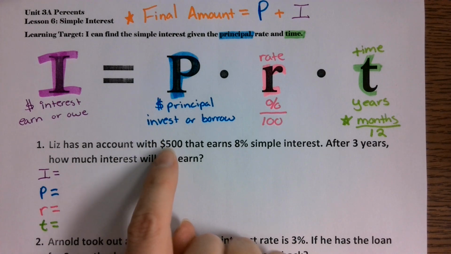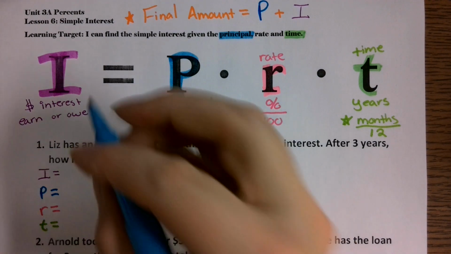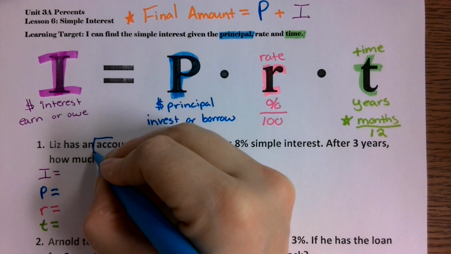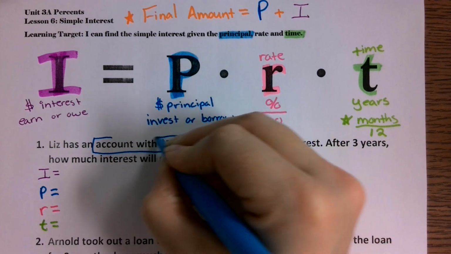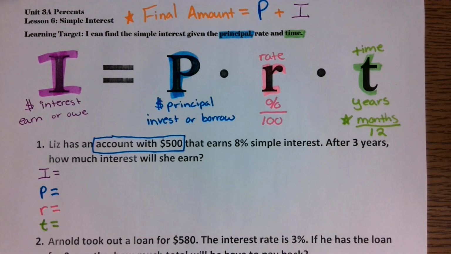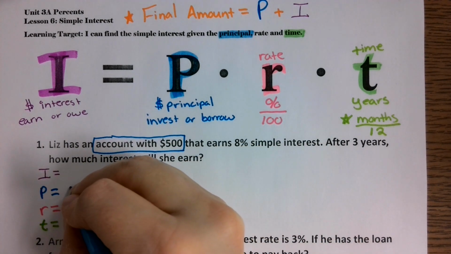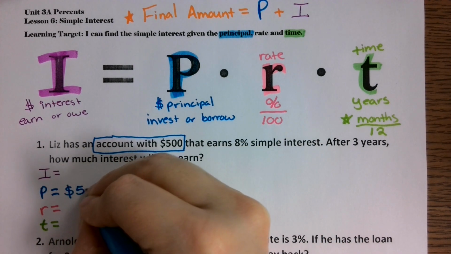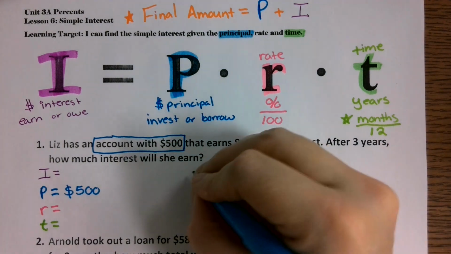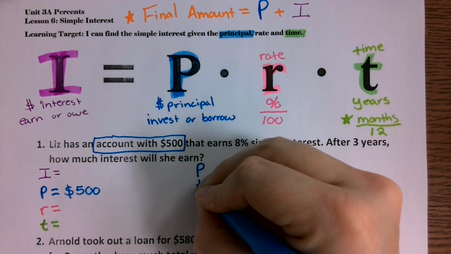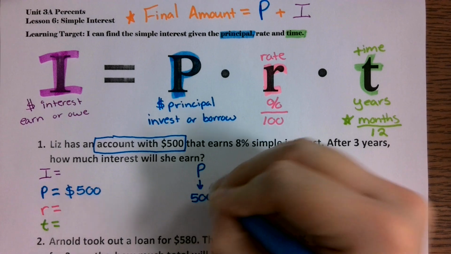That's the money she currently has. That's your principal. She has an account. The account has $500 in it. We're going to highlight that in blue, or box it with our blue. That's our principal. So I'm going to go ahead and put down $500. So I know principal here is 500.